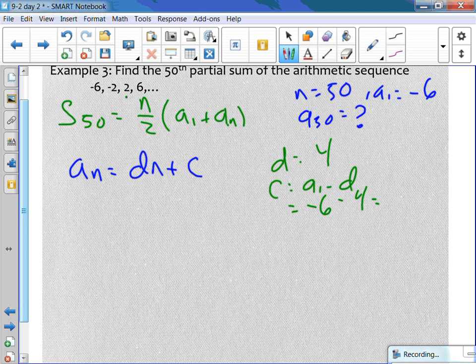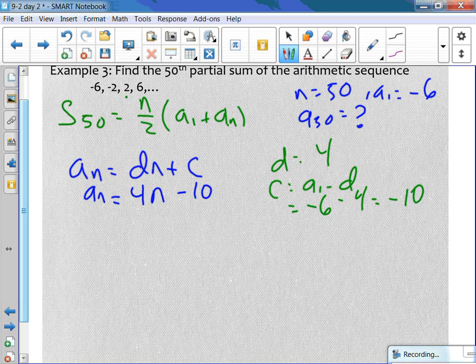So now we know our a sub n, the formula there is what? 4n minus 10. Right, this is what we did on Friday, this gives us our equation for the nth term of an arithmetic sequence.